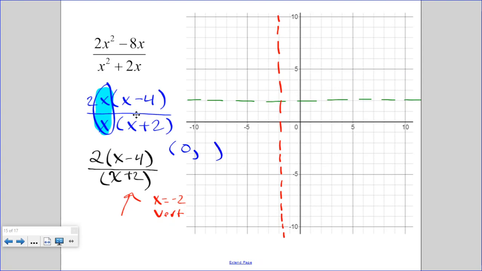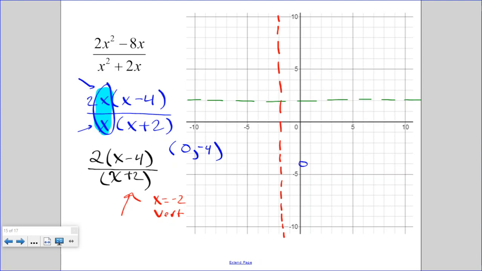It's the 0 because that's what will zero out both the numerator and the denominator. And then to find out that y value, I'm going to plug 0 in for x. So that's going to give me -4 if I plug that in. So 0, -4 is going to be the hole in my graph.